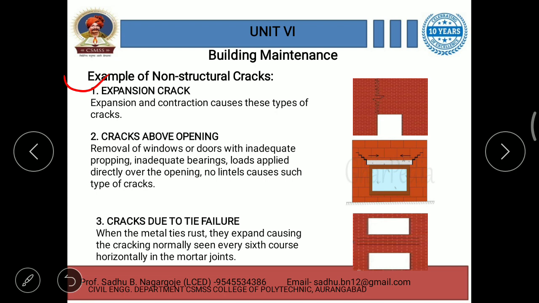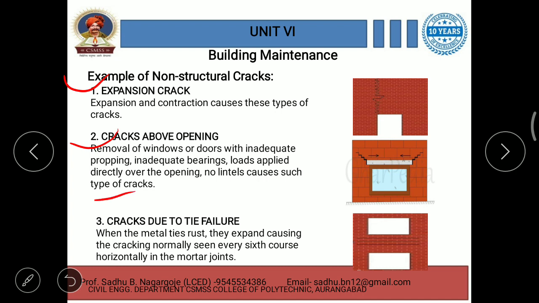Expansion cracks: expansion and contraction cause these types of cracks. Cracks above openings: removal of windows or doors with inadequate propping, inadequate bearings, or loadings applied directly over the opening. No lintel causes such types of cracks.